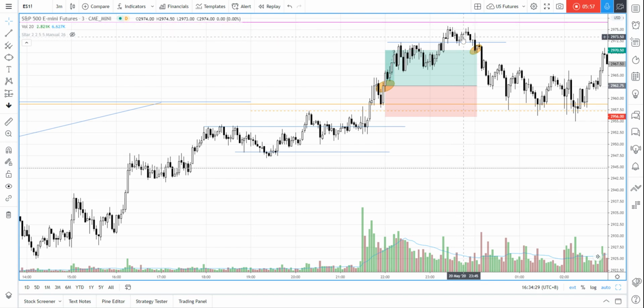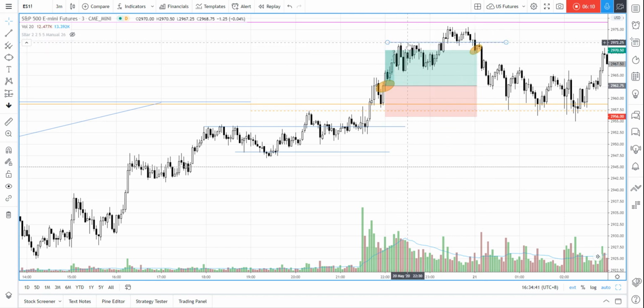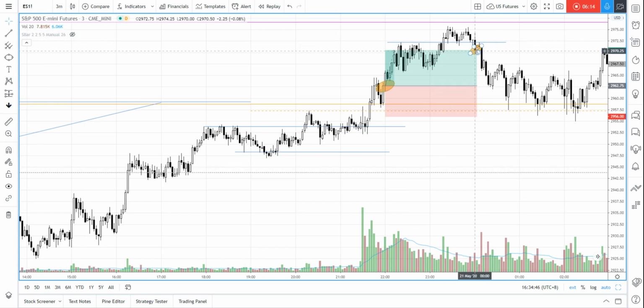This actually shows a bit of weakness, because subsequently you can see that the price just fell back into the range here, and this is the resistance and support level here, and it just broke the support, and this is where I exited the trade.